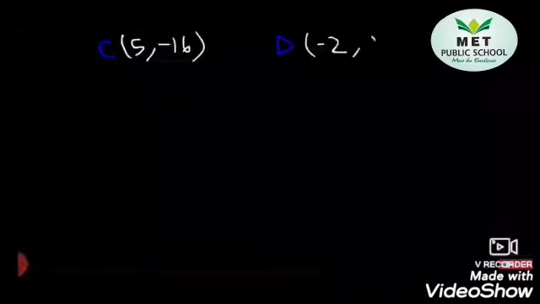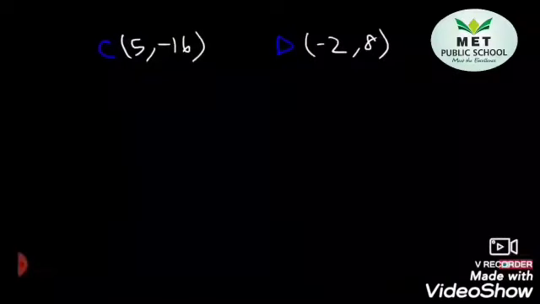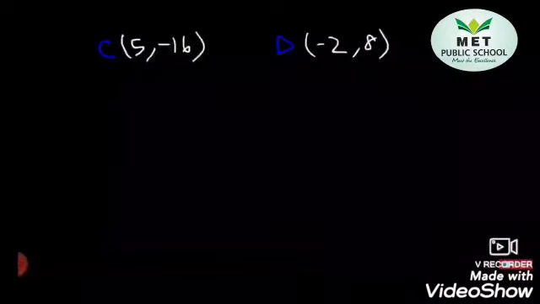Now let us see one more pair of points given for you, C and D. Let the coordinates of C be (5, minus 16) and coordinates of D be (minus 2, 8). You are asked to find the distance between C and D. So first step, as you all know, you have to write the distance formula. You should know what is x1, y1 and x2, y2.